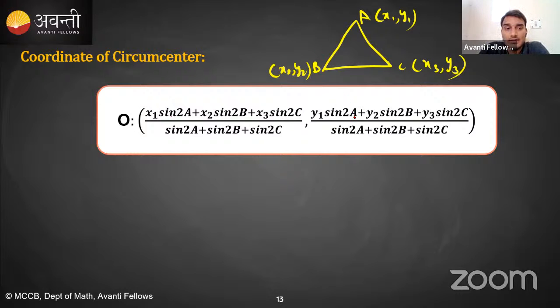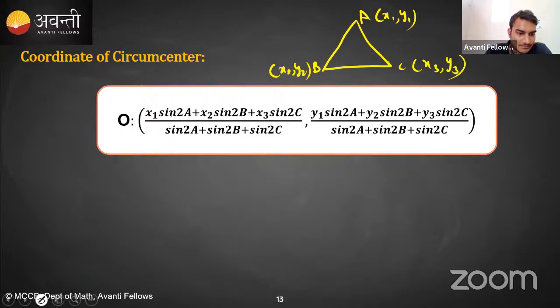Similarly, what will be the y coordinate? y1 sin 2A plus y2 sin 2B plus y3 sin 2C upon sin 2A plus sin 2B plus sin 2C. Is this clear, everyone?